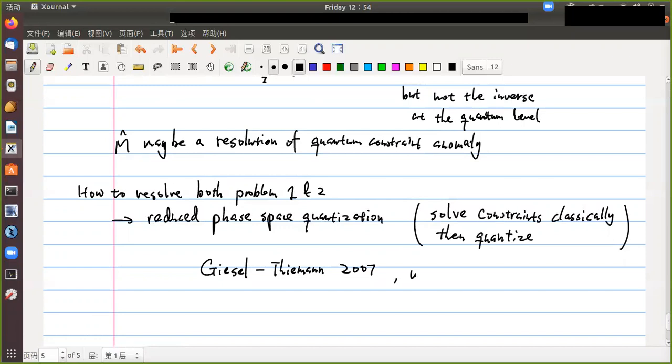And probably, at least for the canonical approach of loop quantum gravity, the approach we follow in this lecture, which we call the canonical formulation of loop quantum gravity, this reduced phase-space quantization is the most useful procedure for recent development.